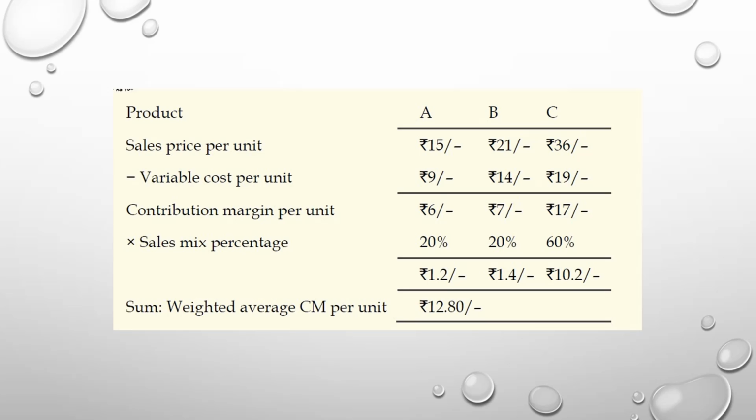So product A: 6 into 20 by 100 gives 1.2. Product B: 7 into 20 by 100 is 1.4. C: 17 into 60 by 100 is 10.2. Now we add all three: 1.2 plus 1.4 plus 10.2. We get the weighted average contribution as 12.80. So in step 2 we calculated the weighted average contribution.